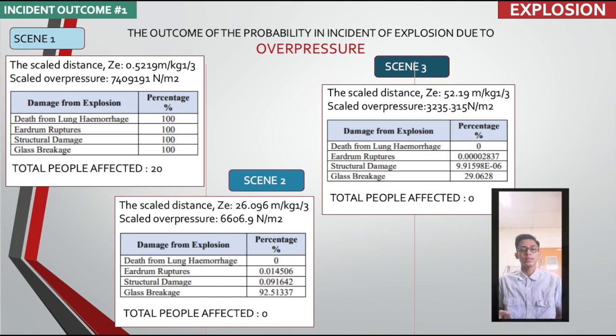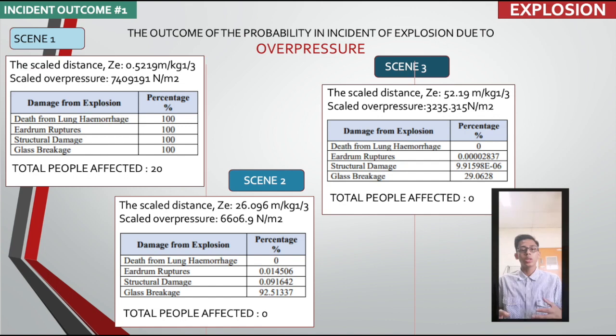The scaled distance ZE is 0.5229 meter per cube root kilogram, with the scaled overpressure of 7,409,192 Newton per meter square. After calculating the probability and percentage of death and damage, the explosion caused the death of 20 people from lung hemorrhage and eardrum rupture, and also 100% damage of structure and glass breakage.